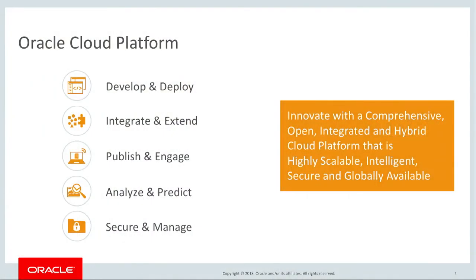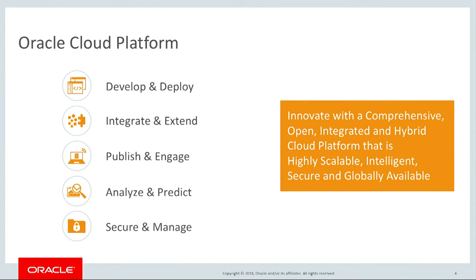And we've built the Oracle Cloud Platform that gives developers the ability to develop and deploy applications really easily, including a CI/CD pipeline. Be able to integrate these applications with back office applications such as SaaS applications or on-prem applications. Be able to publish and engage their customers on content, to be able to secure the content.